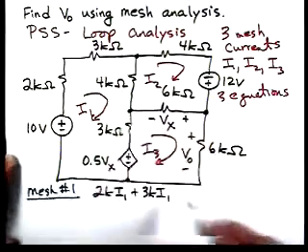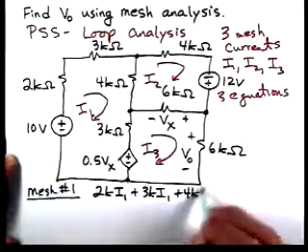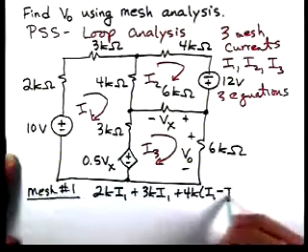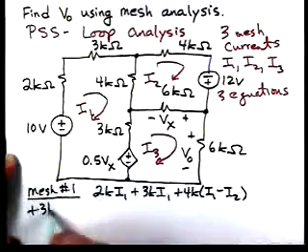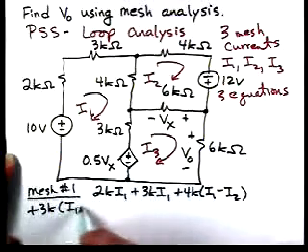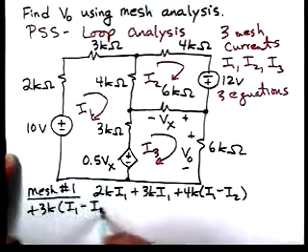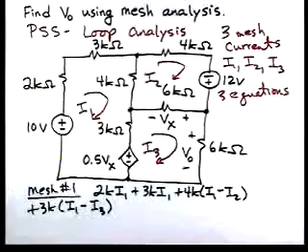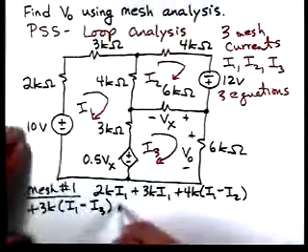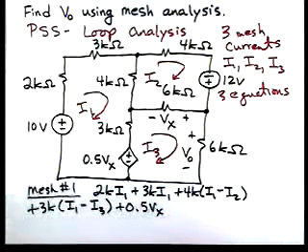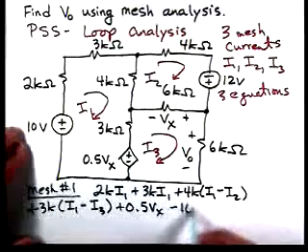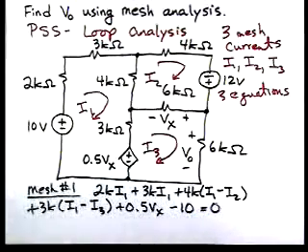Then we'll have 4K times I1 minus I2 plus 3K times I1 minus I3. We'll treat that dependent source for now like an independent source. We'll write 0.5 Vx minus 10 equal to 0.